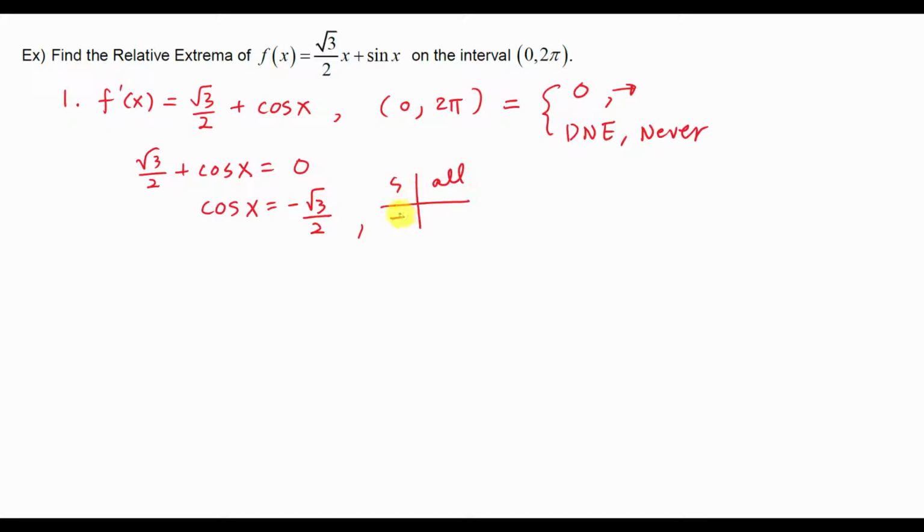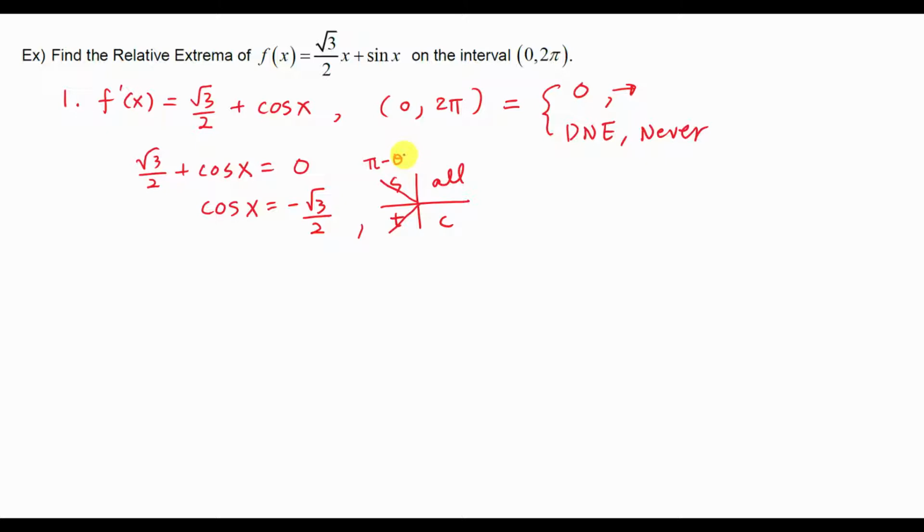As all students in calculus know, cosine is negative in the second quadrant and the third quadrant. The reference angle for the second quadrant is pi minus theta, and cosine is radical 3 over 2 when theta is pi over 6.